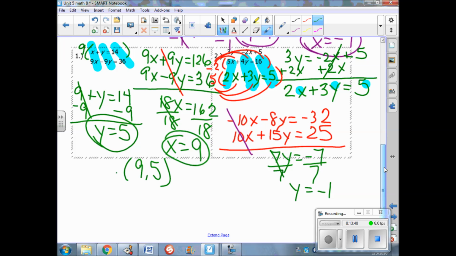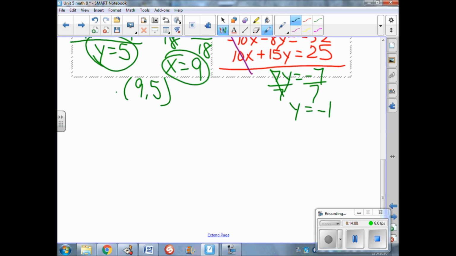Now let's find the x, and we'll be done. I think I'm going to go into, I don't know, the second equation. Okay, I might substitute into the second equation, meaning this one, in order to find my x that goes with that y. Let's move this up a little bit.